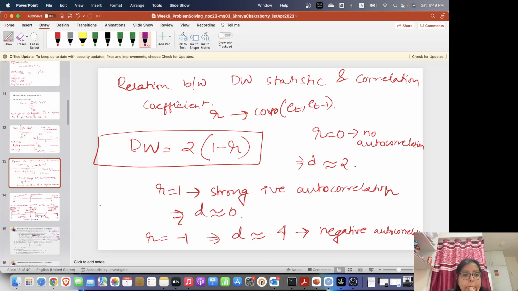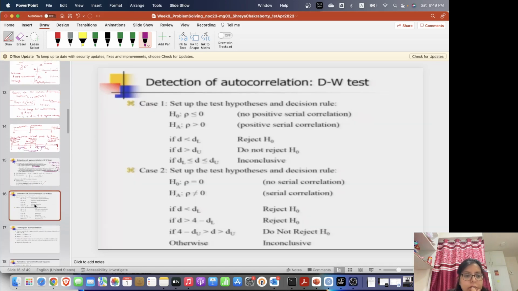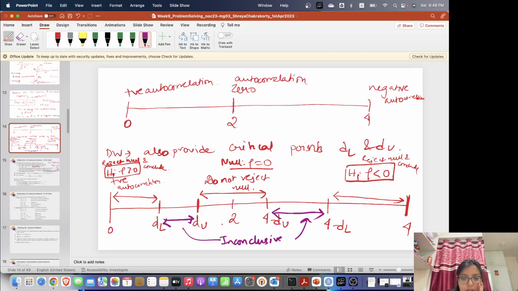All right. So here also sir gave some conditions on what to do and what not to do. So just remember this table. Case 1 and case 2 have all been summarized over here in this table. If something is falling within these two ranges, then we are inconclusive.